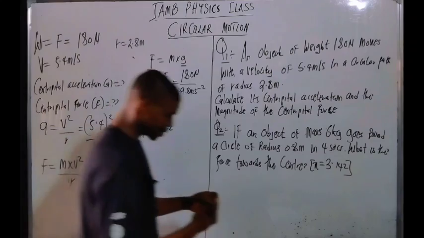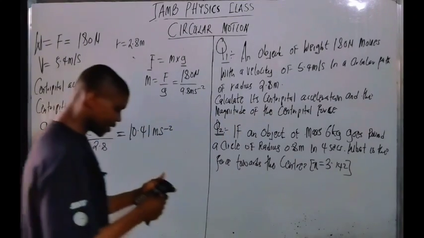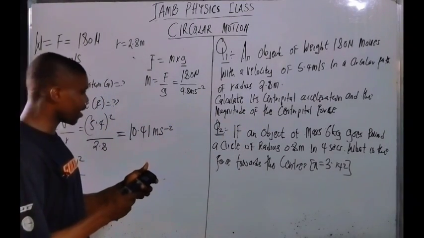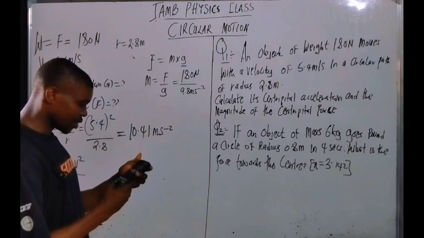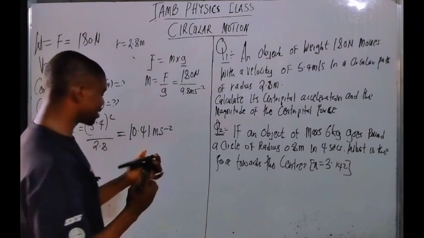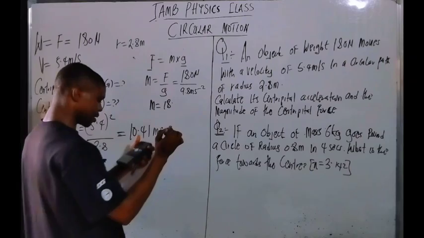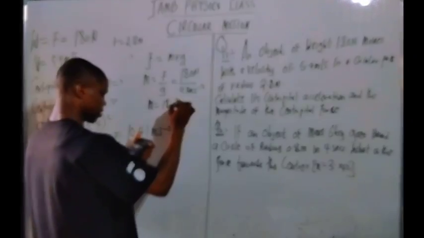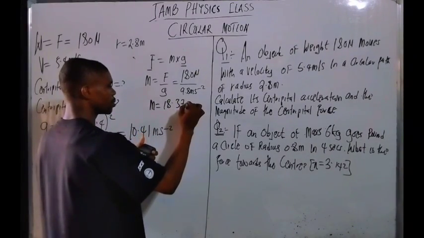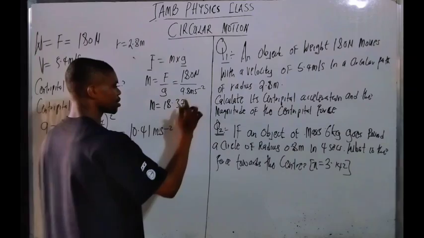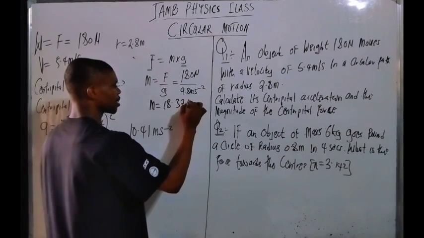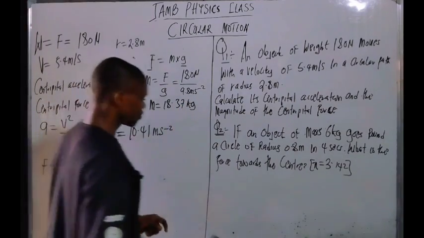If you divide it, 180 divided by 9.8, what are you going to get? Here we have 18.37. So my mass here equals 18.37 kg.